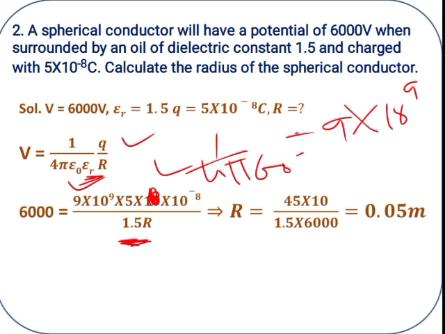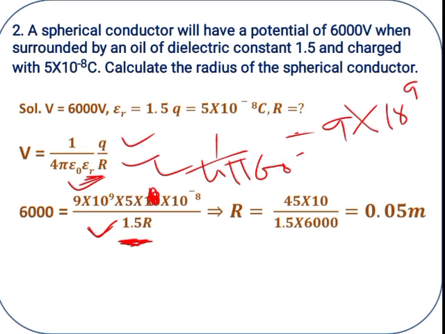Epsilon R is different for different mediums. If we consider oil, water, or glass, for all these mediums the values are different. So here we consider the oil, and the value is given, that is 1.5, R as it is.